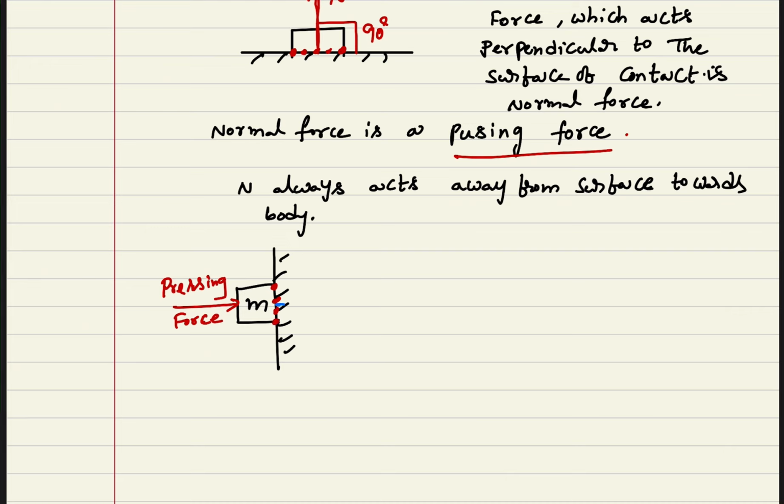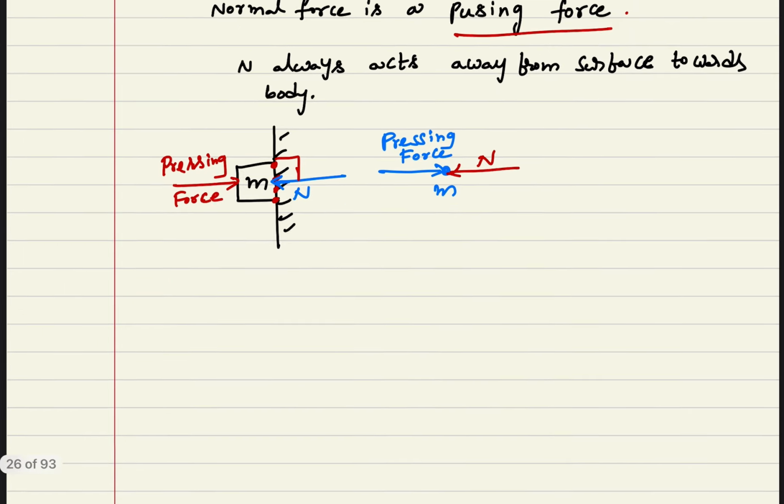Now you can see on the center point, normal reaction will be there. If I take any body of mass m here, the pressing force is like this. Normal reaction will be in the opposite direction. By the wall we can see at 90 degrees the normal force is acting.